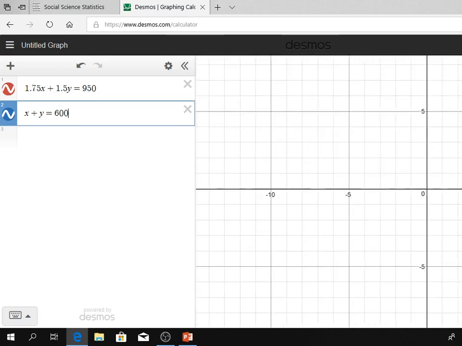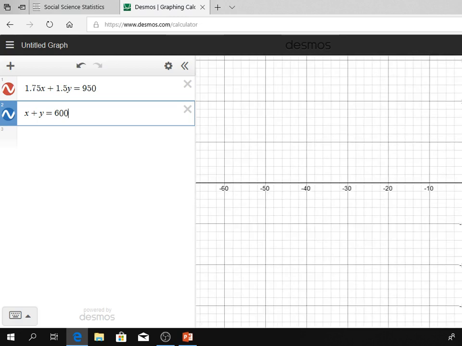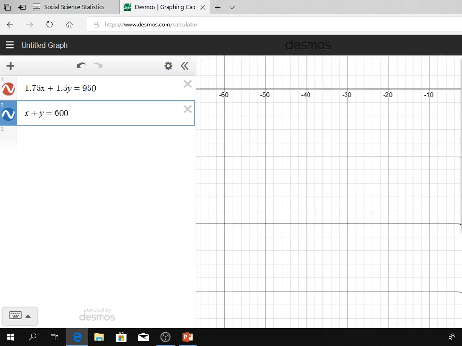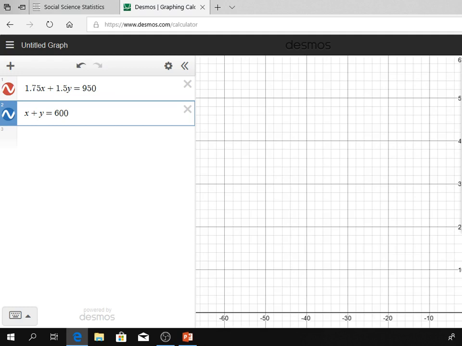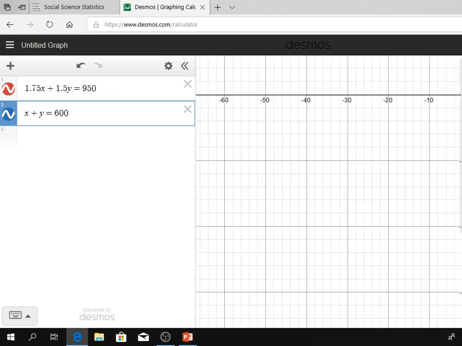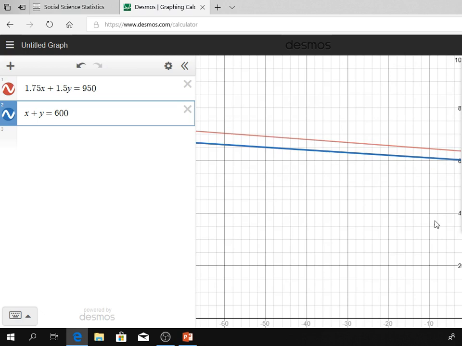Now you're going to have to zoom out. You can actually change the window right here. So let's say I want y to go to maybe 600. Maybe we need to go higher. Okay.